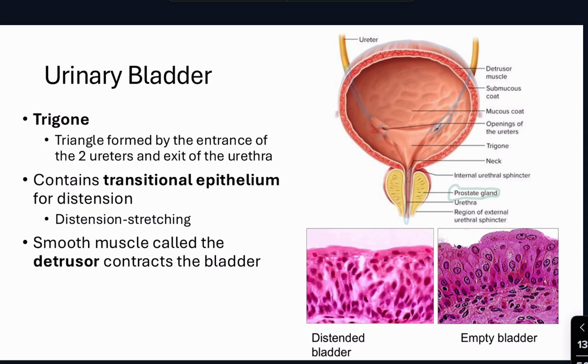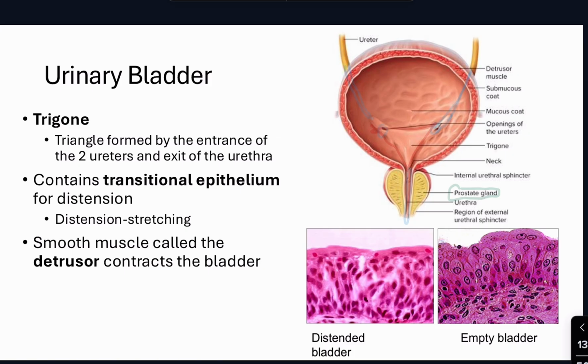But when we fill the bladder with urine, and we'll say the lumen is down here, and that lumen's getting bigger and bigger as it stretches and fills with a higher volume of urine, we're going to see that these dome-shaped top epithelial cells are going to flatten and look a little bit more squamous in nature, more scale-like, and that's going to be an indication of whether we have a full or an empty bladder, okay?